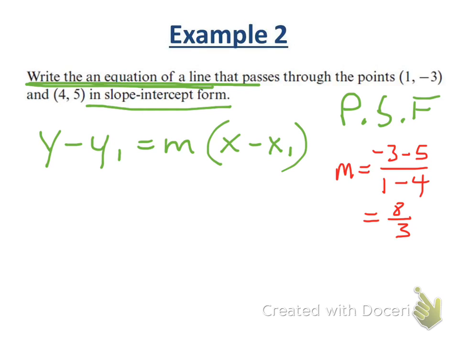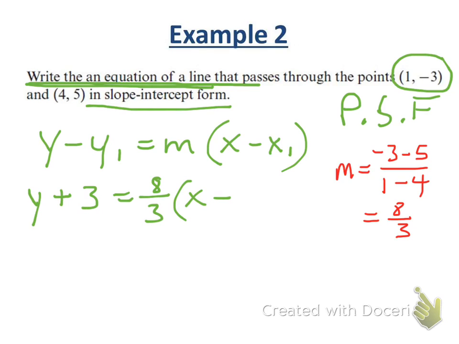First one. First one? Numbers are a little smaller if we use 1, -3. 4 and 5 are larger numbers. So let's do y minus -3, that's y plus 3, right? Equals 8 over 3 times x minus 1. That's the point slope form, right?